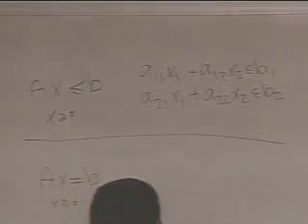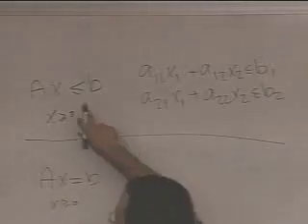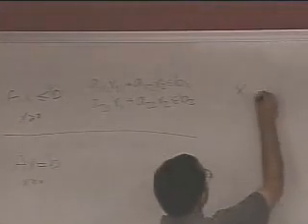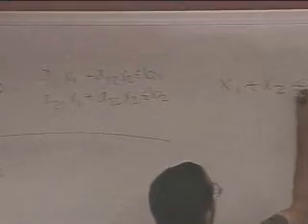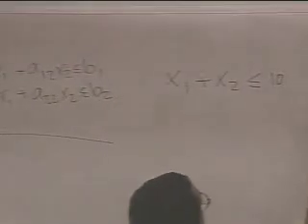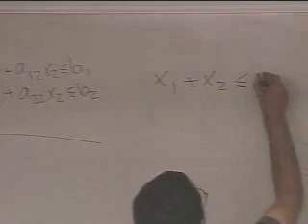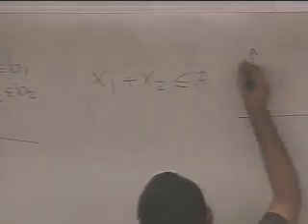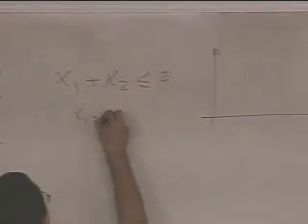That's a little bit funny. So let's think of it. What do we mean here in a very simple example: x1 plus x2 less than or equal to 2. Any number really, 10 is big. 2. And obviously x1 and x2 greater than or equal to 0. So let's see what this means.